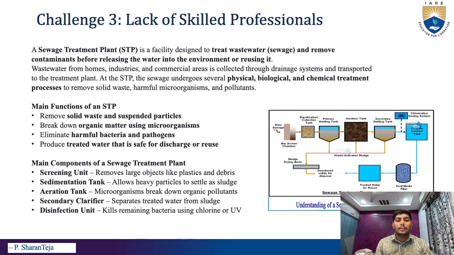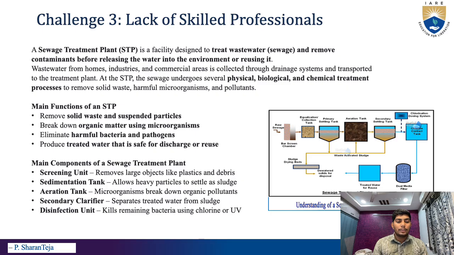At the STP, the sewage undergoes several physical, biological, and chemical treatment processes to remove solid waste, harmful microorganisms, and pollutants. Main functions of STP: remove solid waste and suspended particles, break down organic matter using microorganisms, eliminate harmful bacteria and pathogens, and produce treated water that is safe for discharge or reuse.